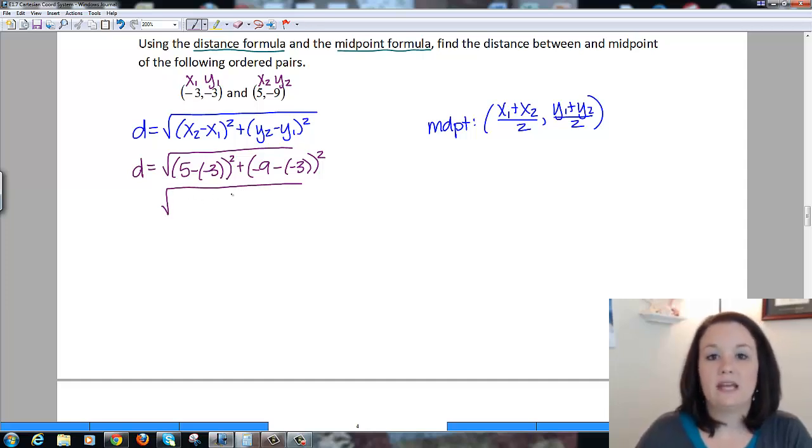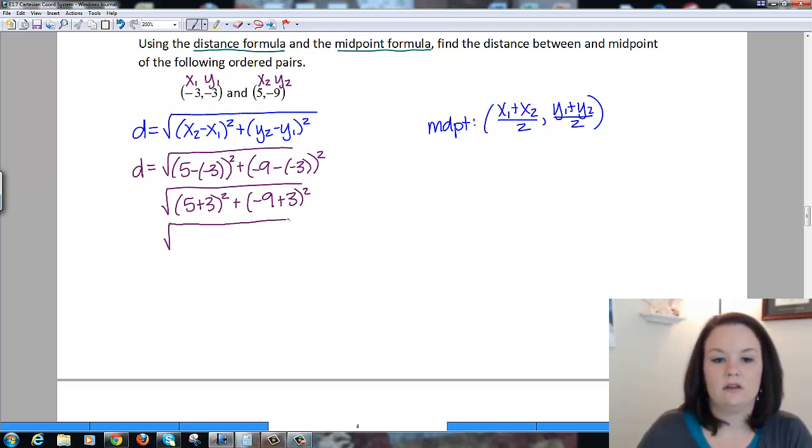So here my double negatives become positive, so this is 5 plus 3 quantity squared, and -9 plus 3 quantity squared, which gives us 8 squared plus -6 squared. So when I work that out, 8 squared is 64, -6 squared is 36, and notice if I add those together, I get the square root of 100.